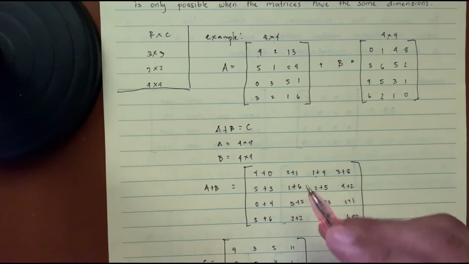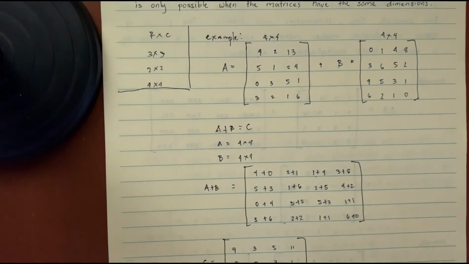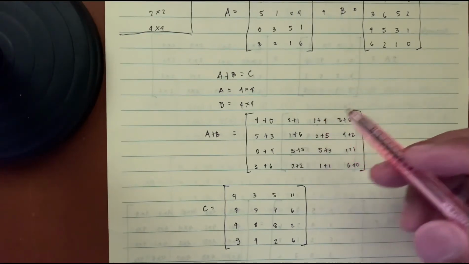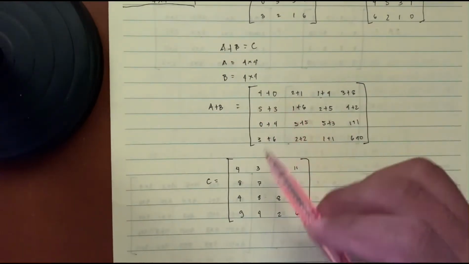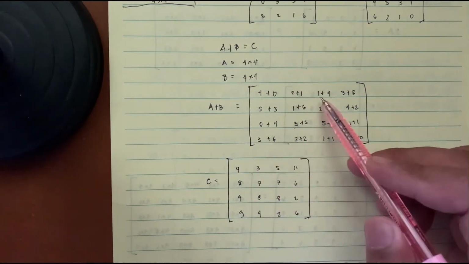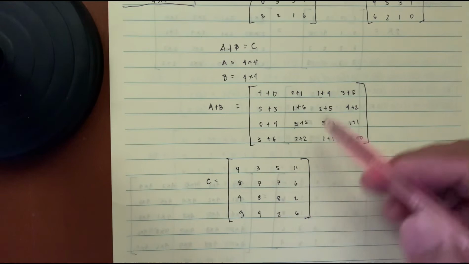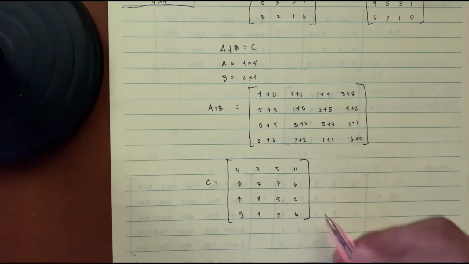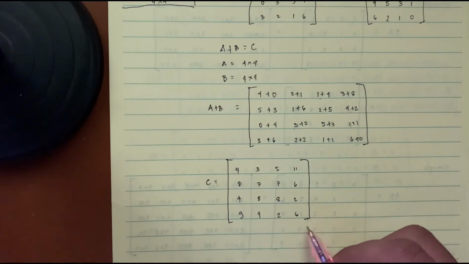And so on. Katapos naman ni add yun, kukunin na natin yung sagot. 4 plus 0 equals 4. 2 plus 1 is equal 3. 1 plus 4, 5. 3 plus 8, 11. And so on. This is the final answer.